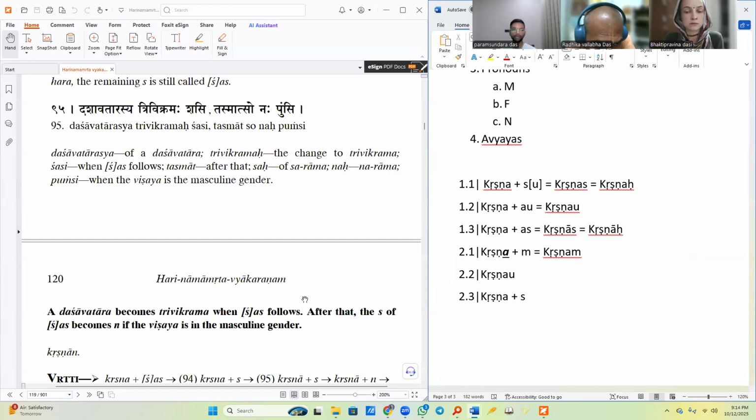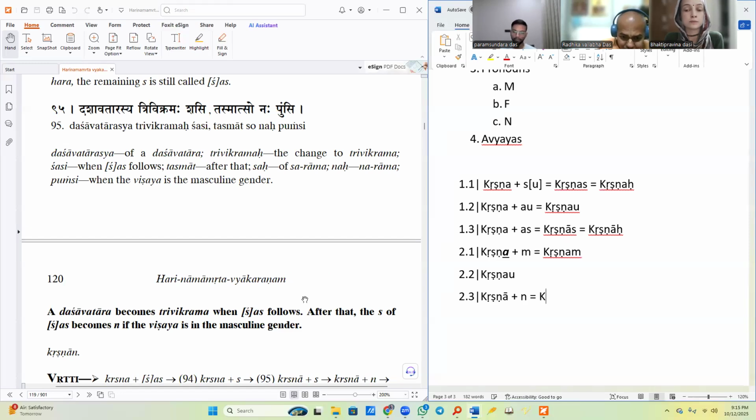Now coming to 95, it says that when Shas is following, Dashavatara becomes Trivikrama. And then the Sa of Shas becomes Na if it is Purushottam Linga. So after making it Trivikrama, the Sa will become Na.